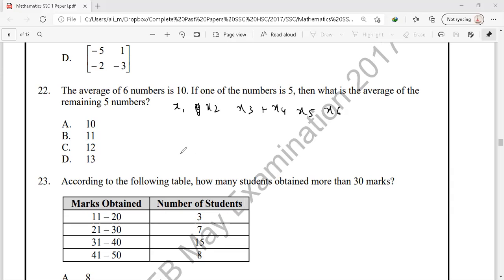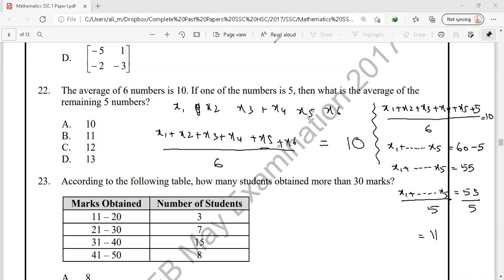The average of these numbers is 10. This means that x1 plus x2 plus x3 plus x4 plus x5 plus x6 divided by 6 is equal to 10. If one of the numbers is 5, then what is the average of the remaining 5 numbers?